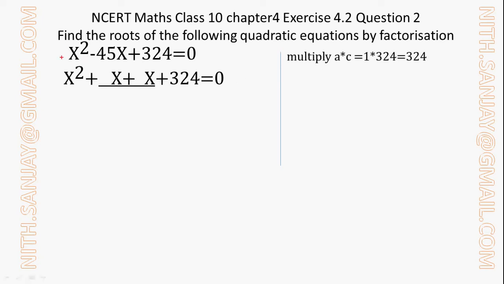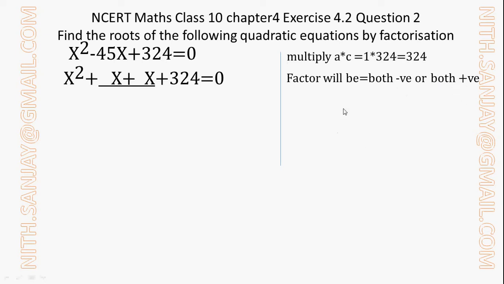Here my a, the coefficient of x square, is 1, and c is this constant term, which is 324. So I have multiplied 1 with 324. I am getting plus 324. From here it is very clear that because the multiplication is positive, both the numbers which I will put here should either be both negative or both positive, because to get a positive multiplication, both the numbers have to be either negative or positive.